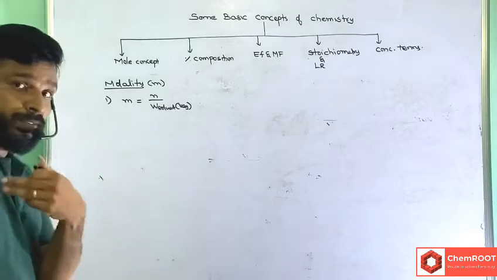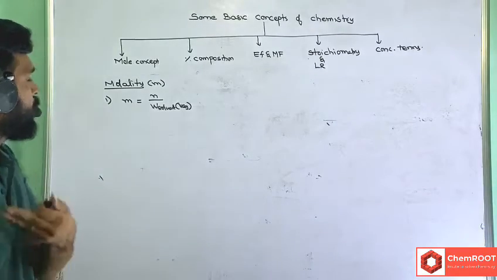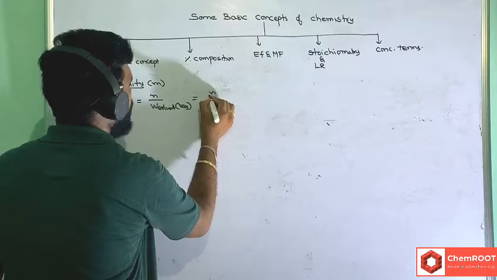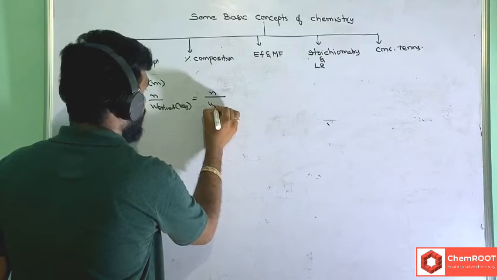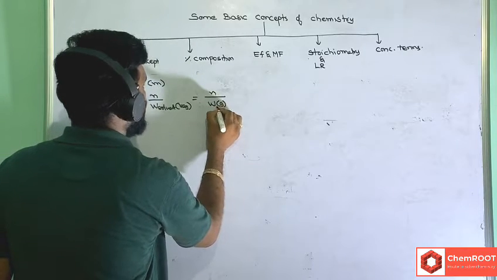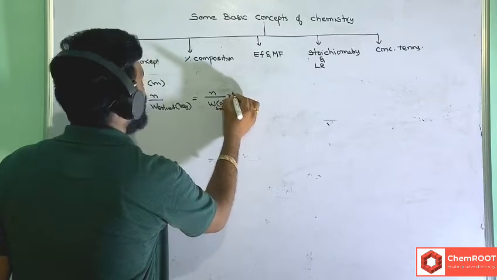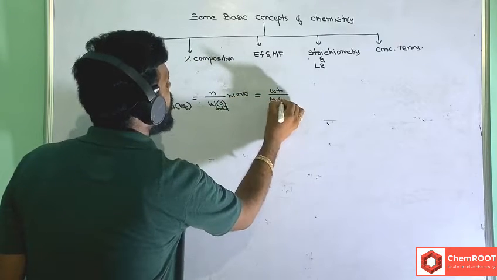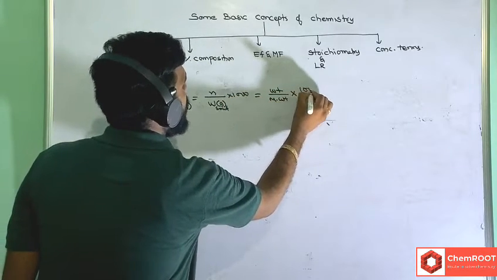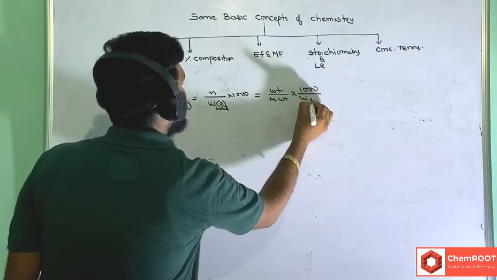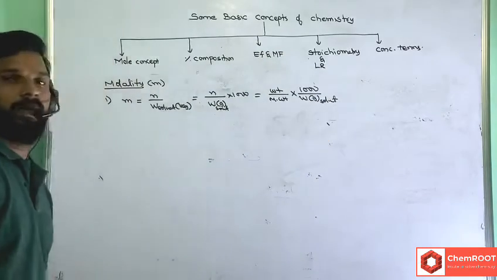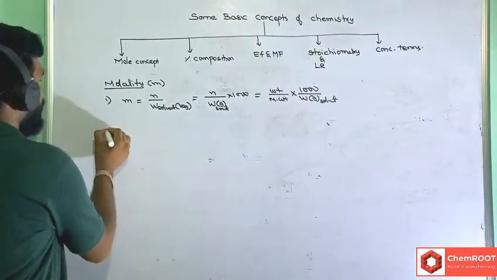Here it is the weight of solvent, not the volume of solution. Similar formulas will be there. If you are taking weight of solvent in grams, then weight by molar weight into 1000 by weight of solvent in grams. We will get it.